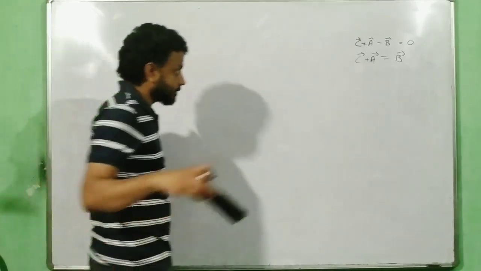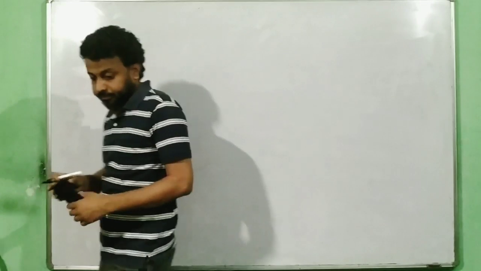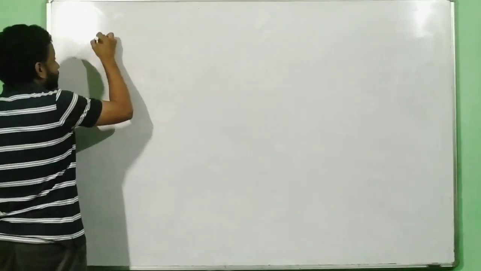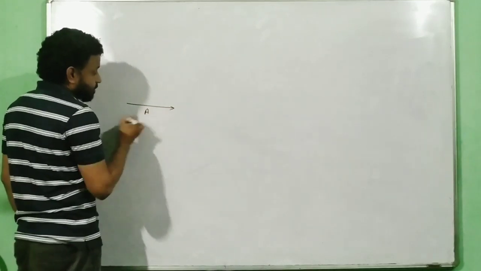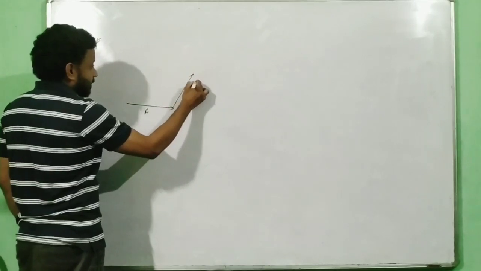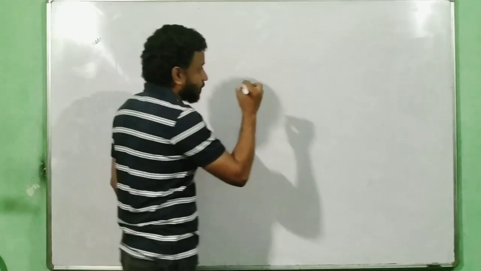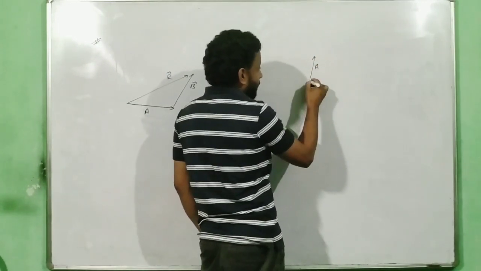Next thing. Now, if this is my A vector and this is my B vector, then I am calling this the R vector. Now, you might know one thing: if this is my A vector, then I can flip it downside.